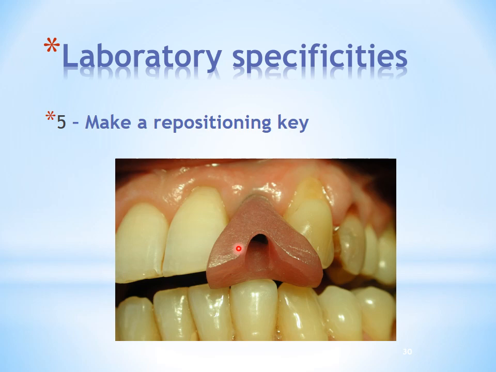Must do a repositioning key. This repositioning key is made from acrylic material, and this will be a key for repositioning of the abutment from the cast to the patient's mouth, to be positioned in the correct way and correct state.